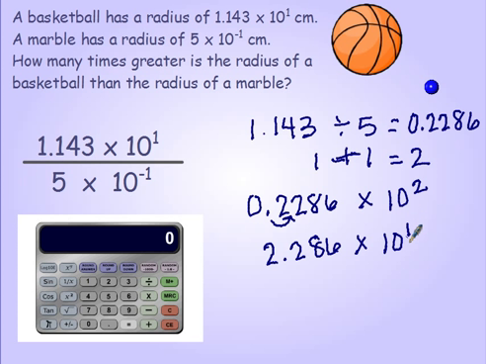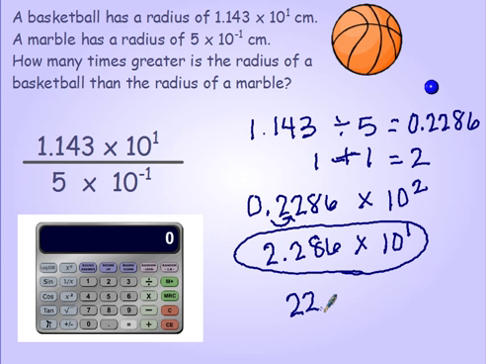Now I'm going to have to the first power. I could leave my answer looking just like this, or since it asks me how many times greater the radius of a basketball is than the radius of a marble, I can actually multiply that out, write it in standard form, and say that my basketball is 22.86 times greater than a marble.